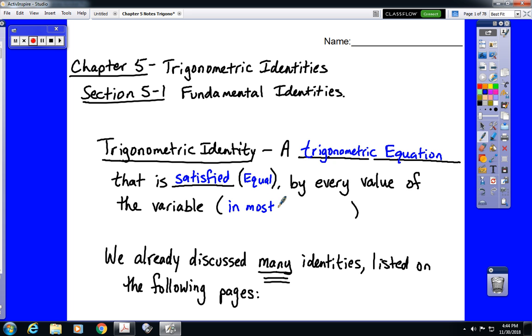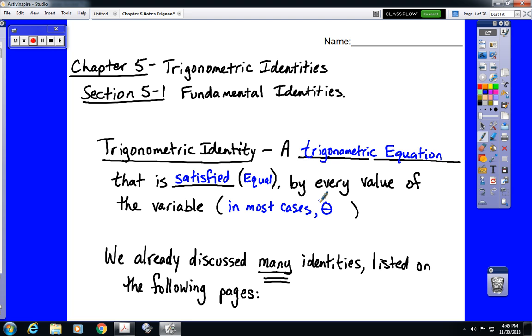In most cases, that variable will be theta. Again, it is commonplace for us to use theta as the variable when we're representing an angle, and trigonometric functions deal with angles.